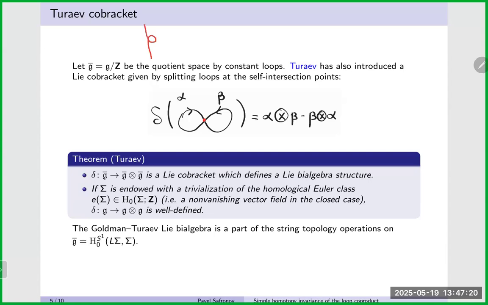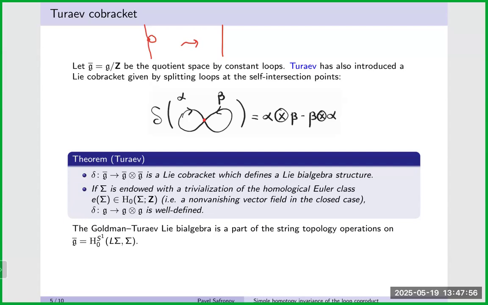If you just imagine a twist in the loop, you can imagine a homotopy where you straighten the loop and the twist disappears. And if you apply the cobracket to that, on the left you pick up an extra term, which is that constant loop, and on the right you don't see that. So for this operation to be well defined, you mod out by constant loops.